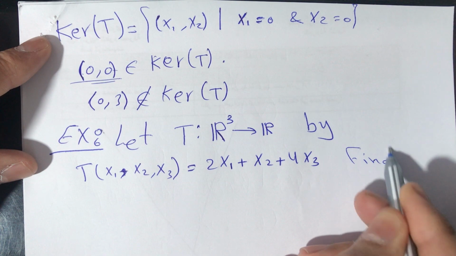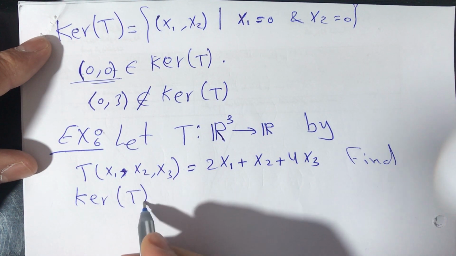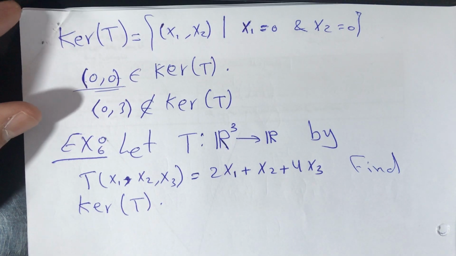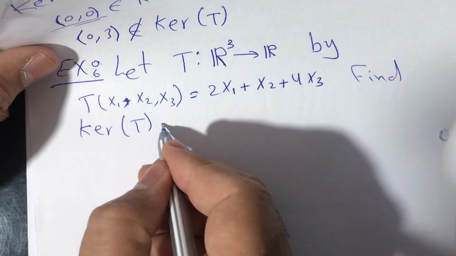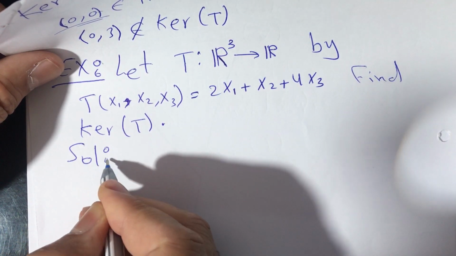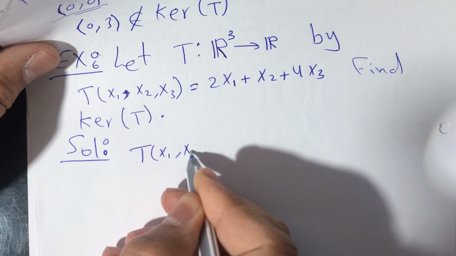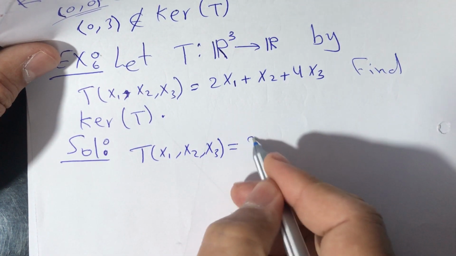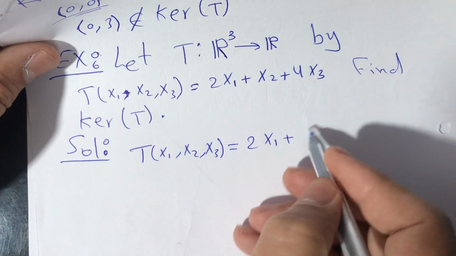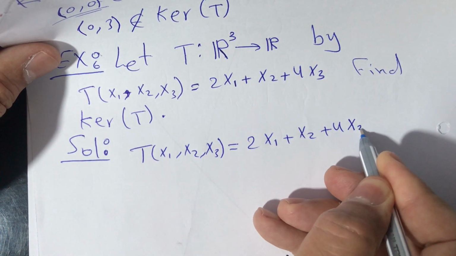Find the kernel of T. And now the solution: take T of (x1, x2, x3) equal to 2x1 plus x2 plus 4x3.